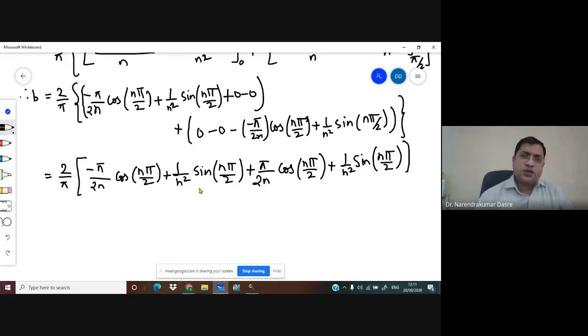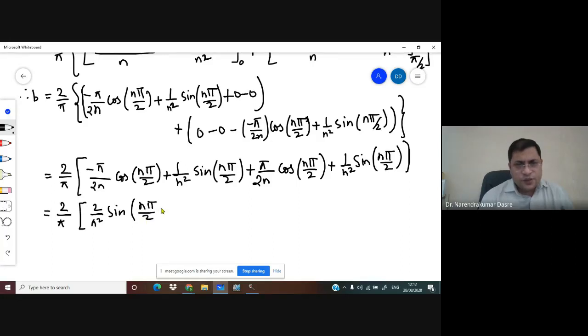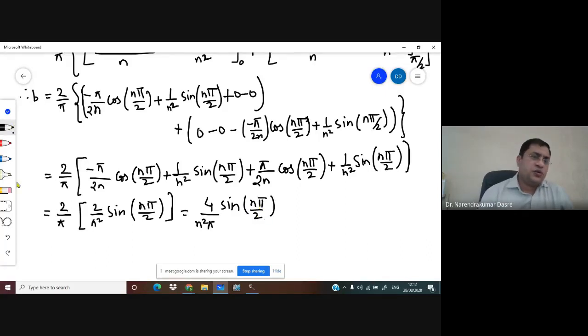Okay. So you can see this term and this term will get cancelled. So I'll be having 2 upon pi and here I'll be having 2 upon n square sine of n pi by 2. So we can write this as 4 upon n square pi sine of n pi by 2.